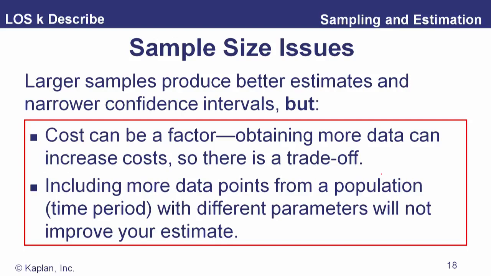The other situation where a larger sample size may present some issues is if the population has changed, if the distribution has changed. So say I'm looking at pre-World War II data, and I estimate the parameter, the mean of a distribution. And it turns out that after World War II, things had changed in financial markets so that that wasn't really the mean anymore.